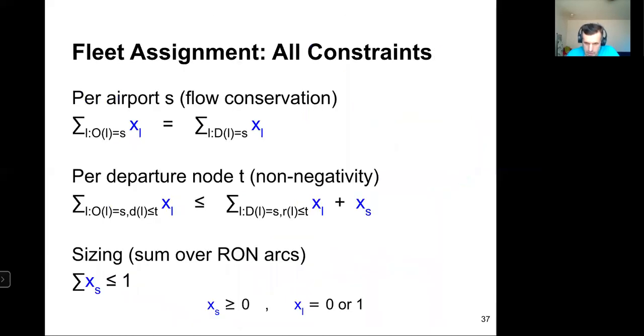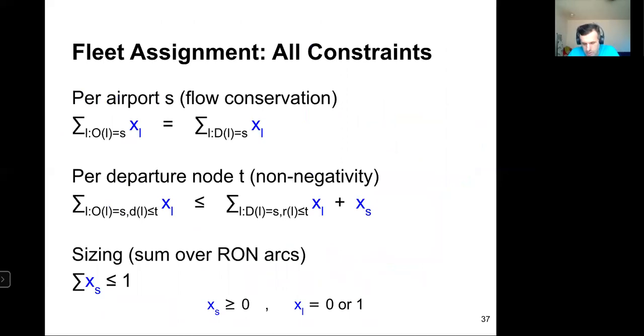And here is the fleet assignment mathematical program. All constraints at once. There is one constraint which we can call the flow conservation constraint. The aircraft out should be equal to the aircraft in.